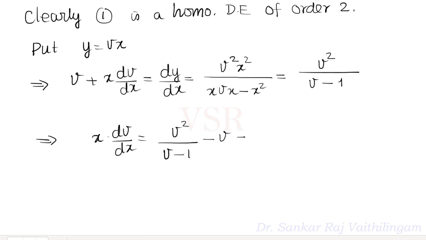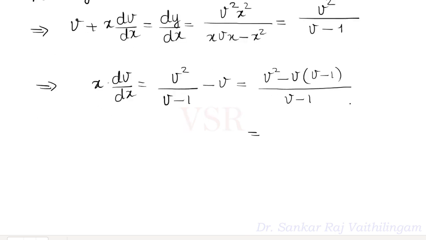So this is equal to v square minus v into v minus 1 divided by v minus 1, which is equal to என்ன கிடைக்கும் இங்க, ஒரு v square minus v square plus v divided by என்ன கிடைச்சிருக்கு v minus 1.